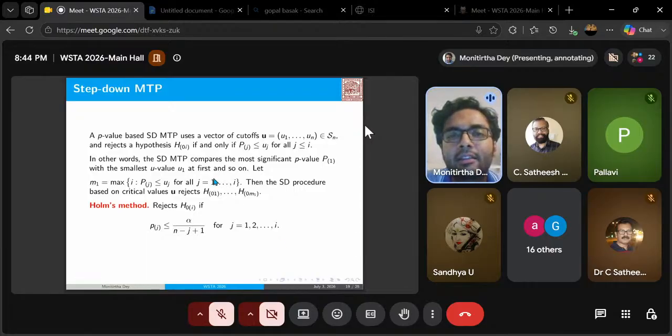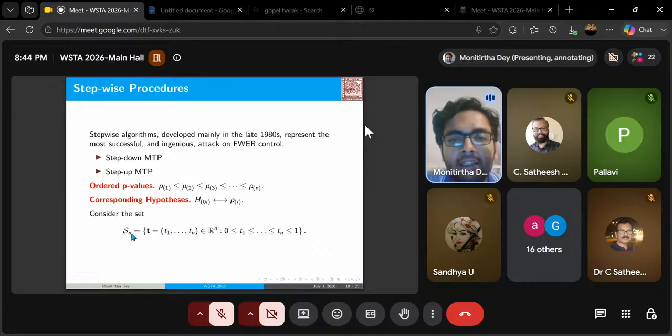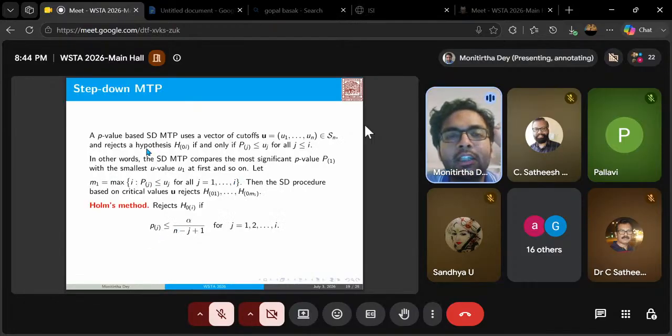A p-value based step-down multiple testing procedure uses a vector of cutoffs u, where u lies in this set, and rejects a hypothesis H0i if and only if p_(j) is less than or equal to u_j for all j less than or equal to i.